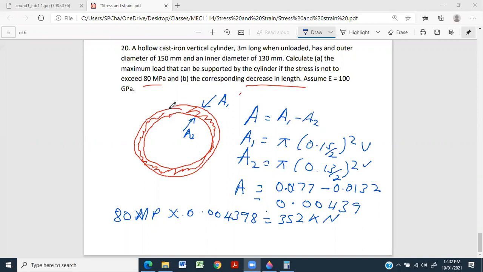Remember, because we're finding the area and it's a cylinder, right? The cylinder has an outer diameter and an inner diameter, right? So the outer diameter is 150 and the inner diameter is 130.